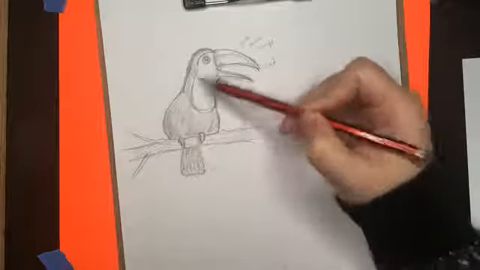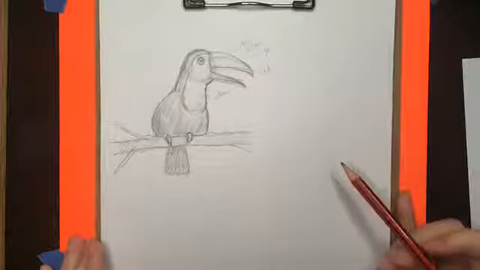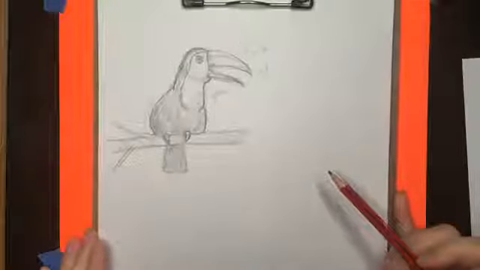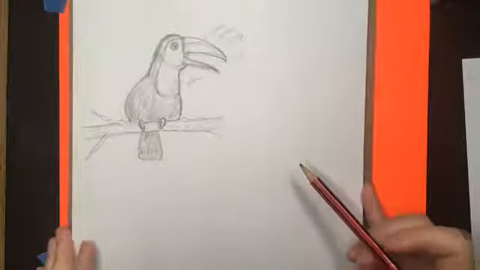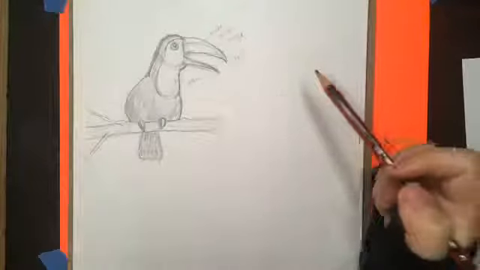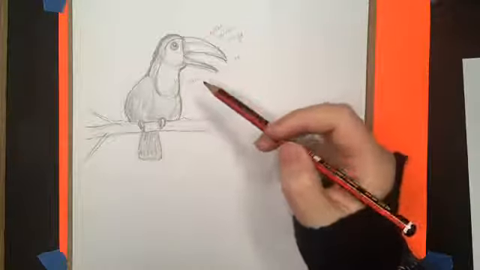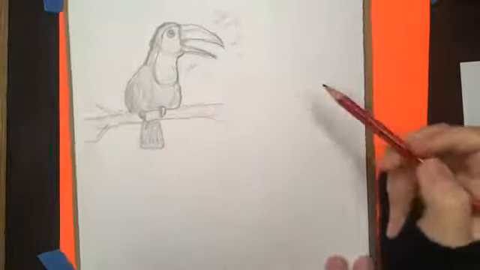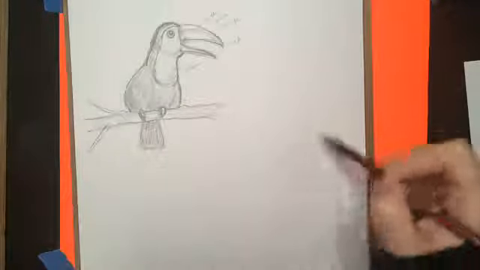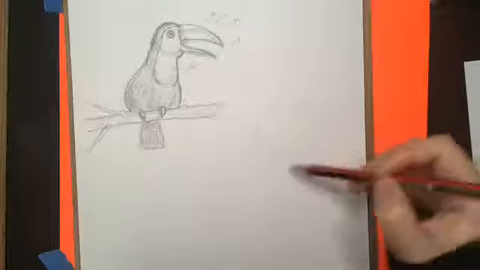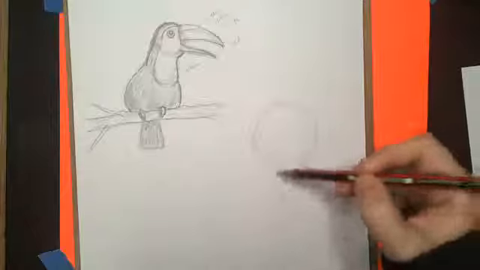Okay, so that's basic toucan. To make a cuter version, we're gonna go back to the basic shapes, but we're gonna make the head bigger as usual. So let's see what that might look like. So let's start with a big head and shorten the neck area, just have a body.